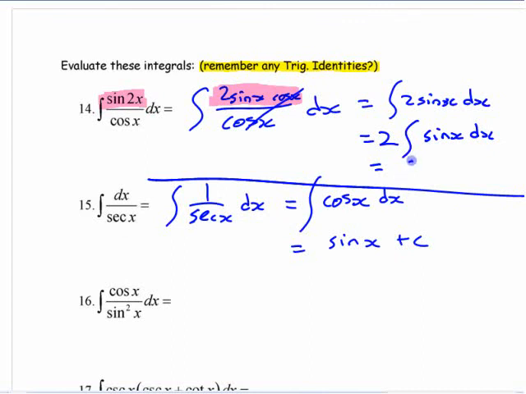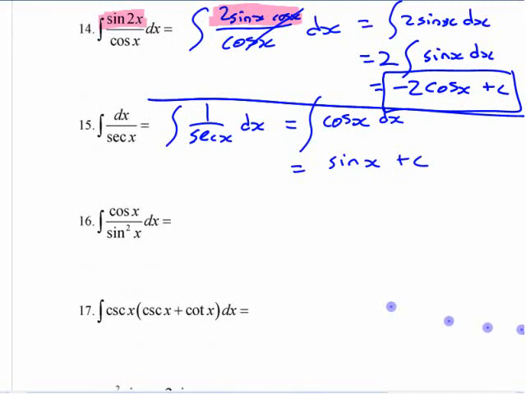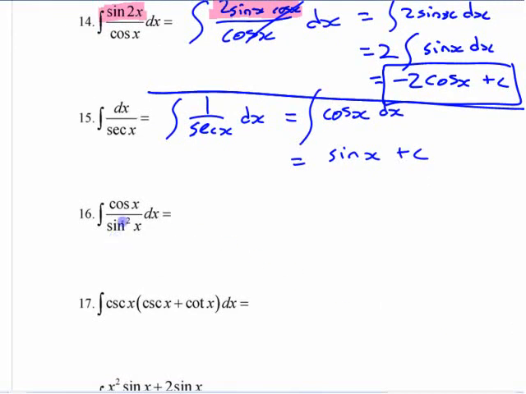Yeah, we want the 2, and we want the negative, and we want the cos here, plus a constant, right? So you can do quite a few, as long as they are set up carefully by someone so that they work out with these trig identities. If we just said integral of random stuff here, probably you couldn't do it.